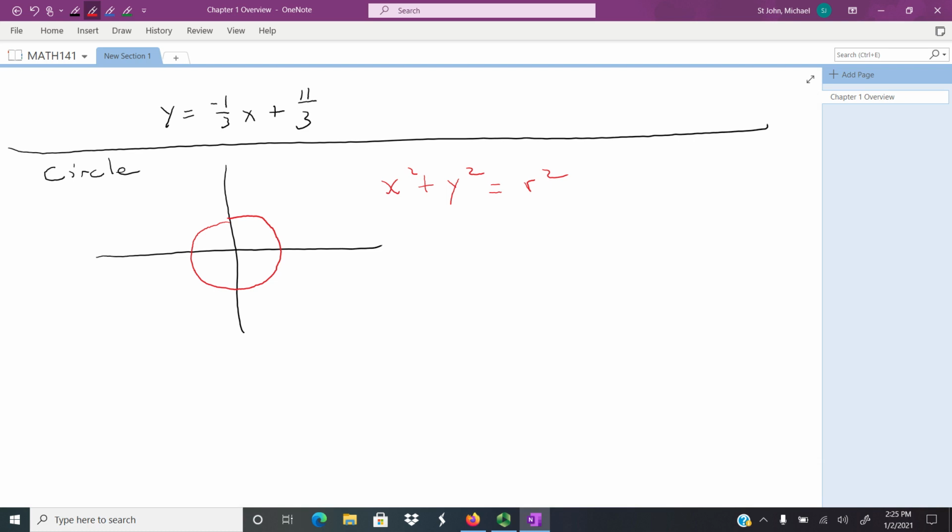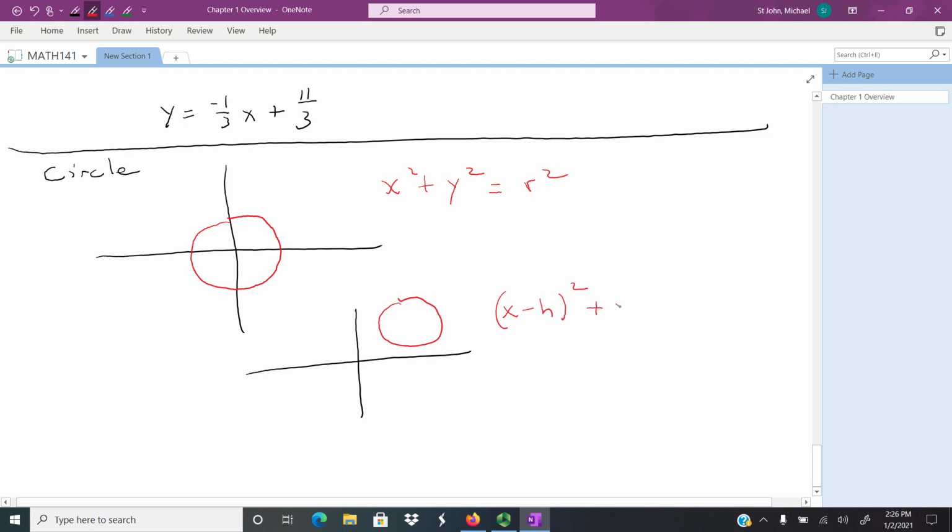But if I have my circle located someplace other than the origin, so now let's draw another one, and let's say it's now over here, then we get (x minus h) squared plus (y minus k) squared equals r squared.